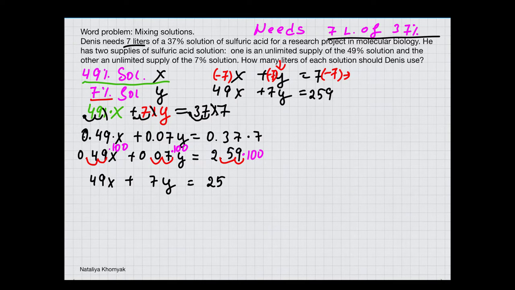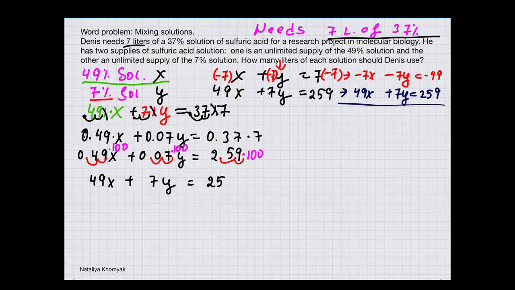So the top equation will be -7x minus 7y equals -49. Since the bottom equation has +7y, which is the additive inverse, I will leave it as is, and we get 49x plus 7y equals 259.